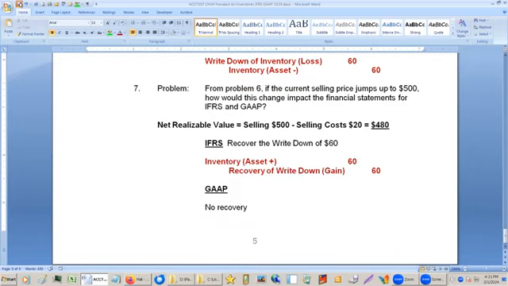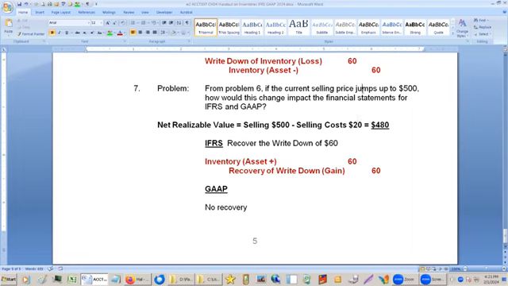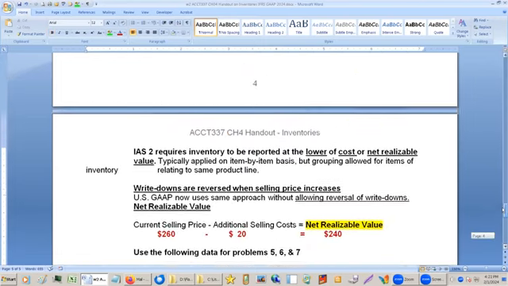By the way, you're doing this on two different spreadsheets or documents. If you want to submit it in two different documents, that's fine. You can have unlimited submittals as far as turning it in.